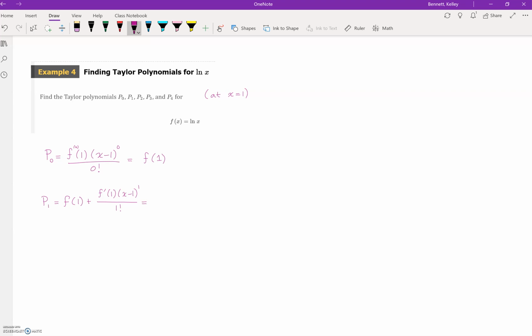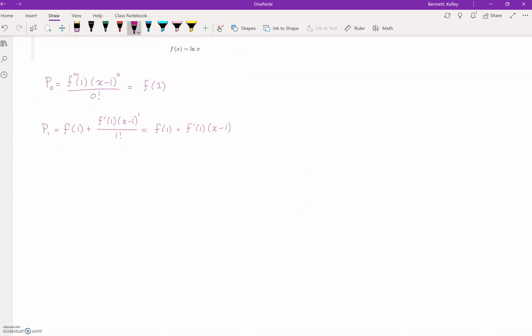And again, you can simplify this a little bit because it's just f of 1 plus f prime evaluated at 1 times x minus 1. So this is really what we did in the first examples of this lesson. For the second degree Taylor polynomial approximation for ln of x, it's the stuff we had before, so f of 1 plus f prime evaluated at 1 times x minus 1.